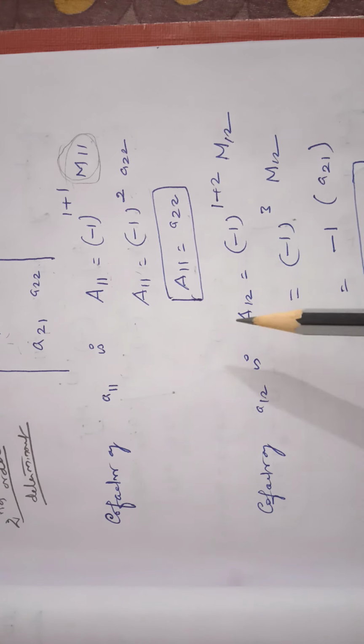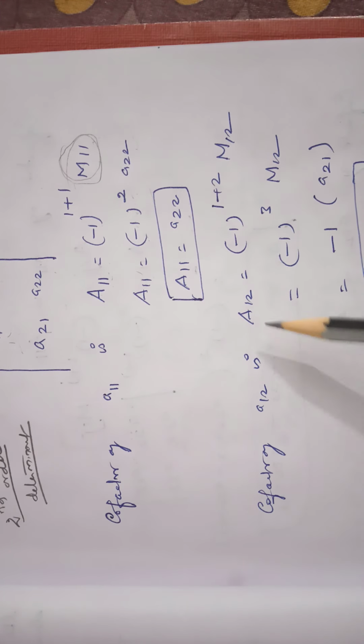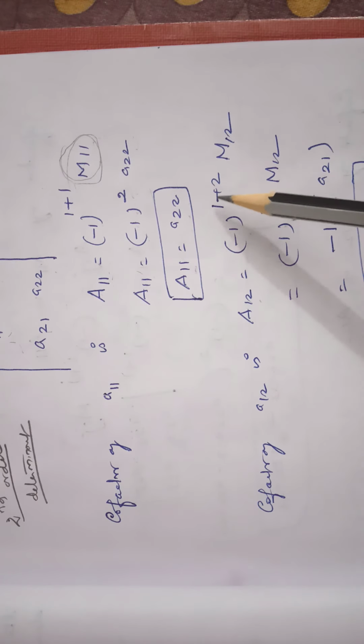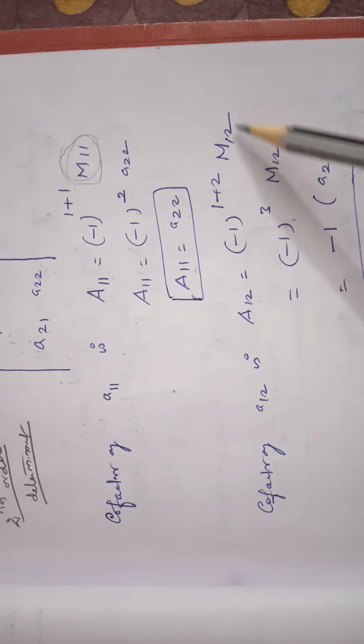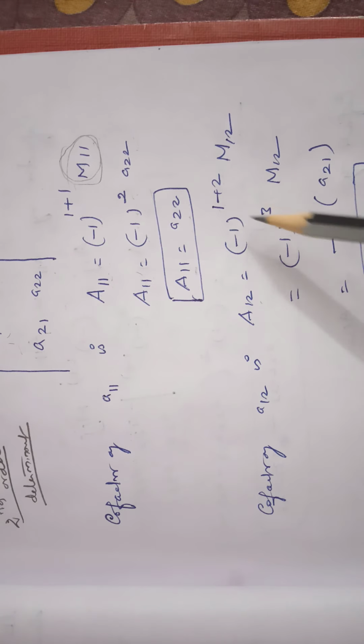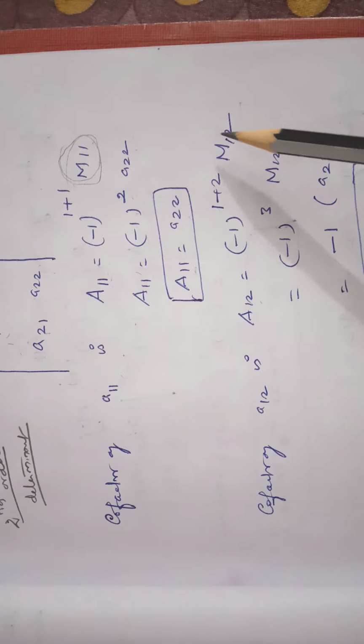Next we have to find out the cofactor A12. A12 means i is 1, j is 2. So the formula is minus 1 power i plus j, so 1 plus 2, into M12. So minus 1 power 3, that is minus 1 cube, into M12.